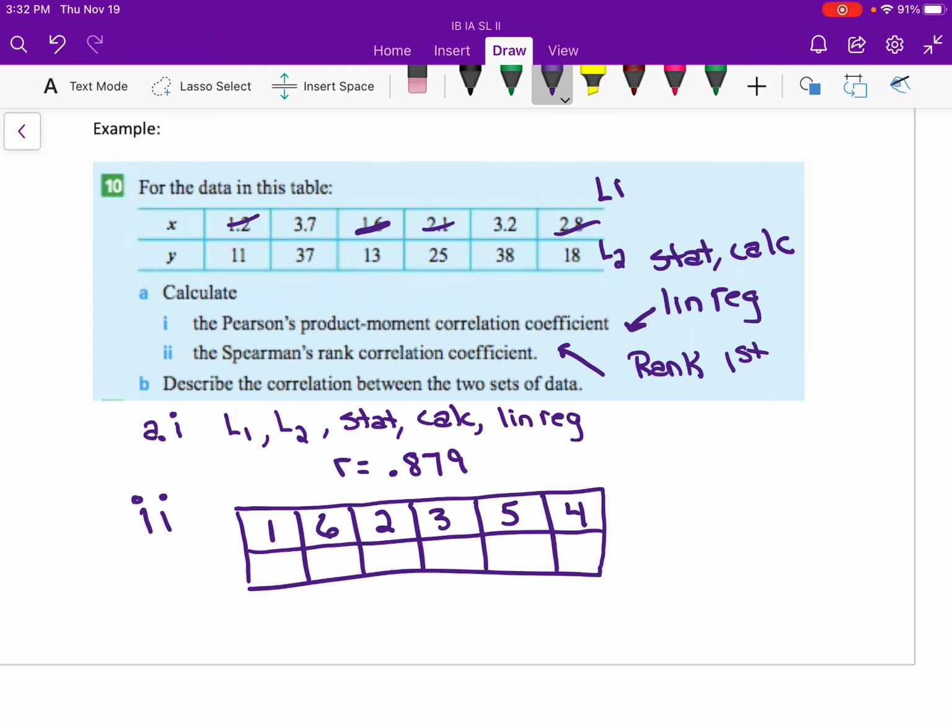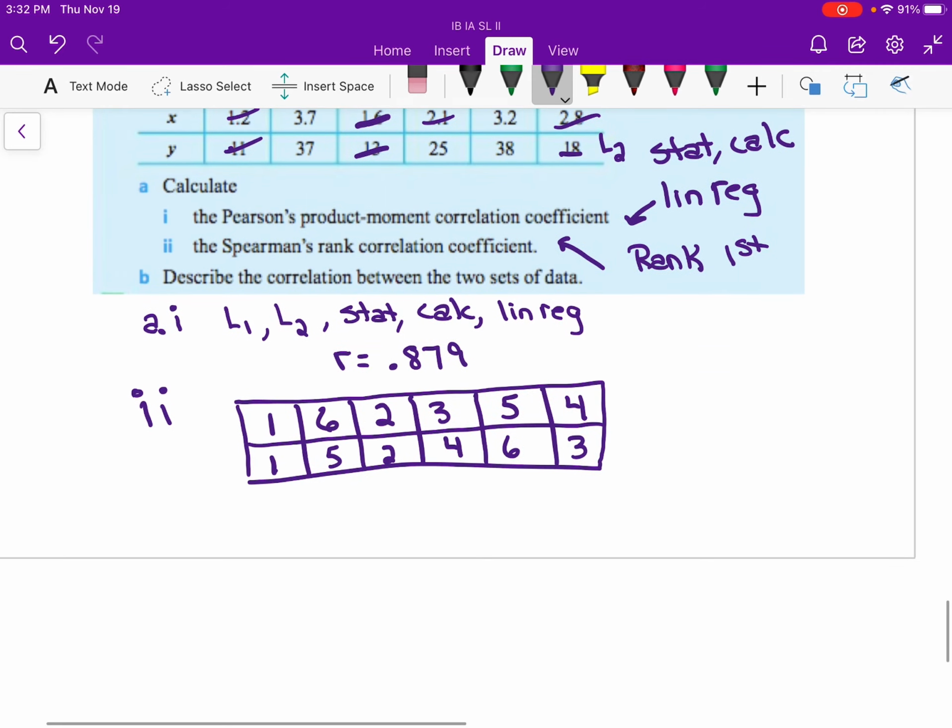So this is the rank for this. And then in the bottom, 11 is the smallest, 13, so I've used 11, I've used 13, I'm going to use 18, and then 25, and then 37, and then 38. I didn't have any equal numbers, so I didn't need to do any averaging.